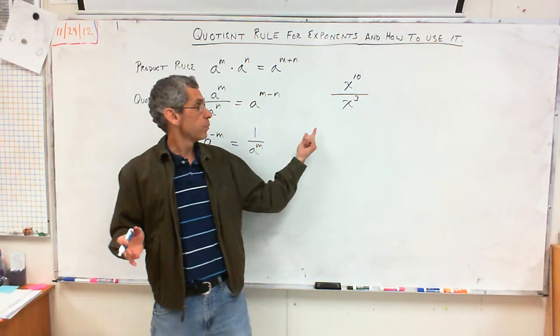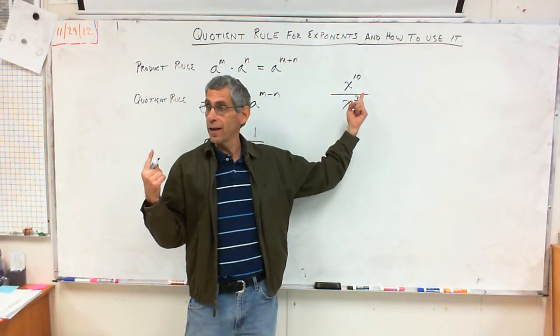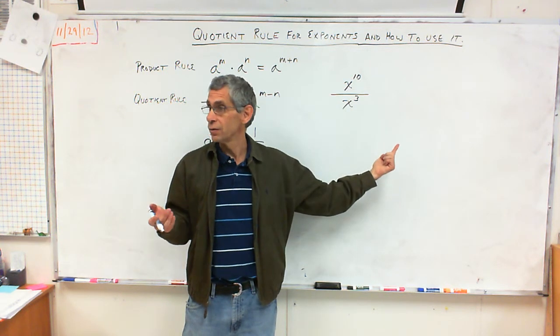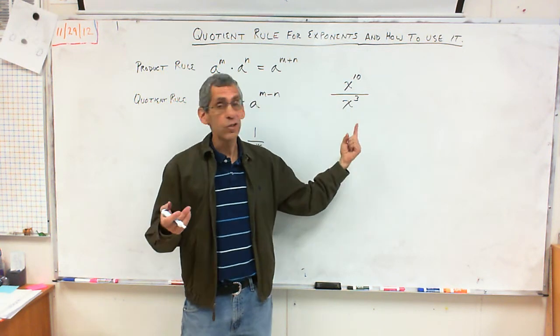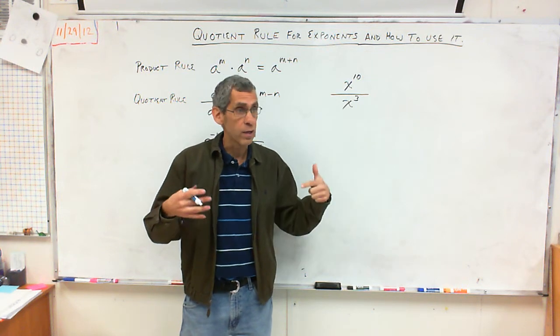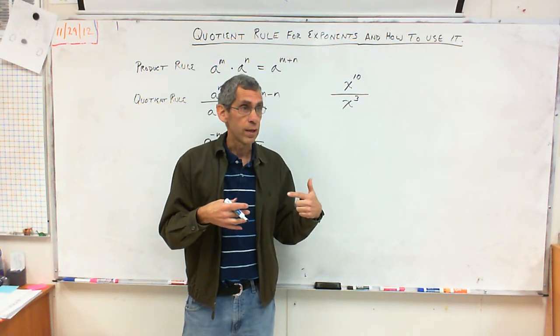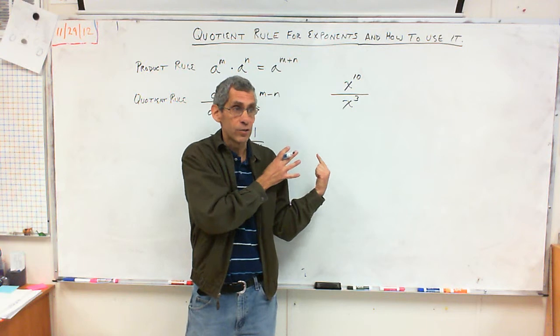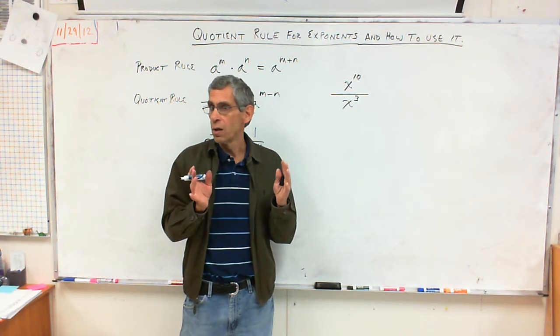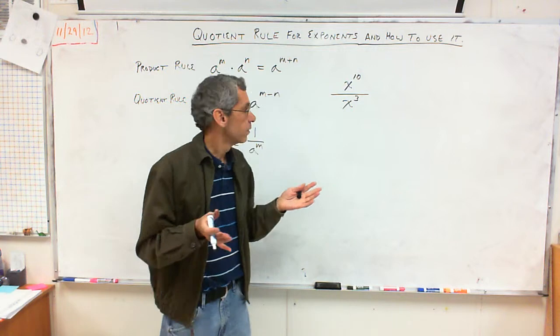We all know that using the rule, it would be x to the 10 minus 3, right? That would be easy, and that's how I would normally do it, because that's the easy way. But I'm going to show you another thing that is useful with more complicated problems. I'm doing it simple first, so that when I show you a complicated problem, you're going to see, oh, I see, it's so easy.